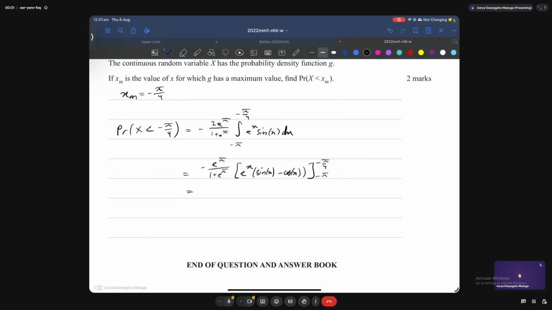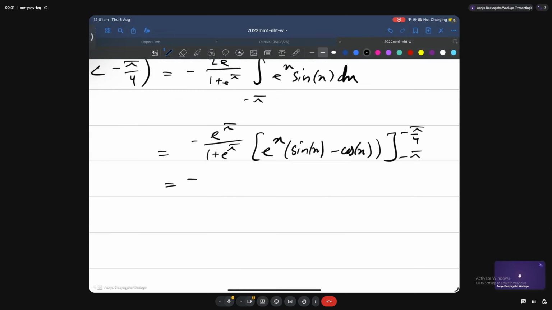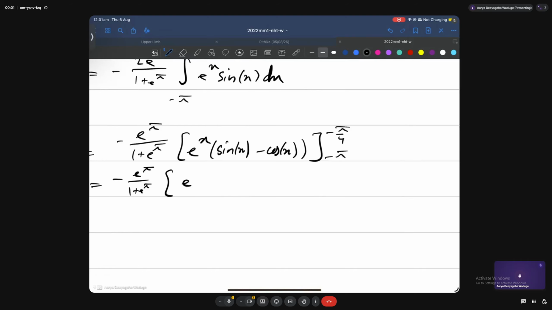So this may take a bit of a second. This will become e to the negative pi and 4, and sine of negative pi and 4 is going to be negative 1 on root 2, and cos is 1 on root 2.